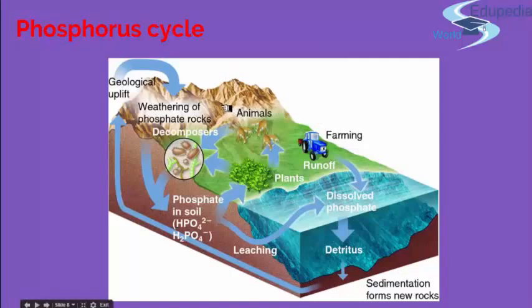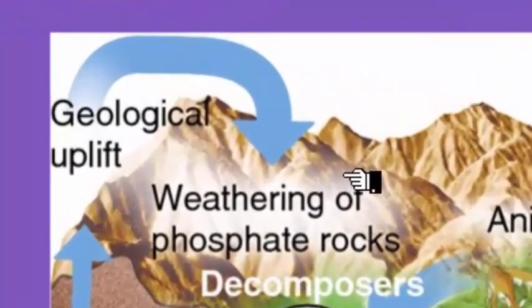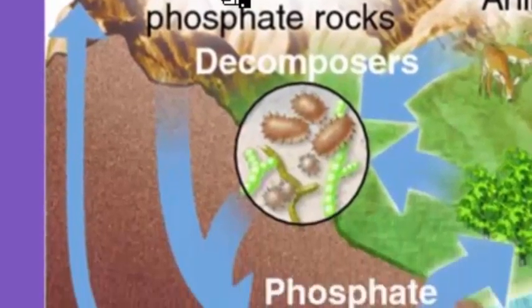So we mentioned that the biggest amount of the phosphorus on this planet is in these sedimentary rocks, and this is exactly where the phosphorus cycle is starting. When it rains, the water washes it and removes it from the rocks via a process that is called weathering.